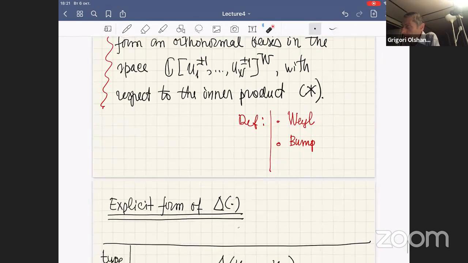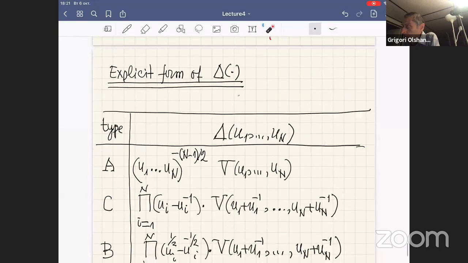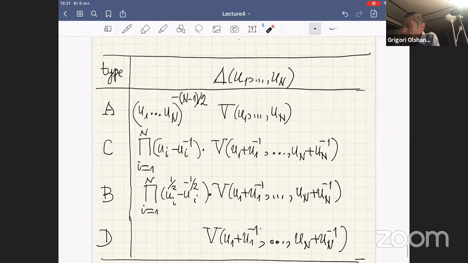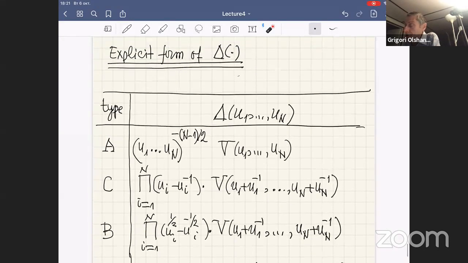And now finally, I would like to explain, this is a very useful exercise which I recommend to all of you, the precise form of this.